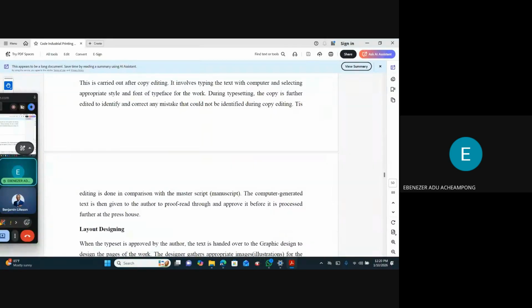So in this scenario, the one doing the typesetting will have to identify the actual targeted audience before he will be able to choose the appropriate type style or font style, and the type font type, the point size for the work.